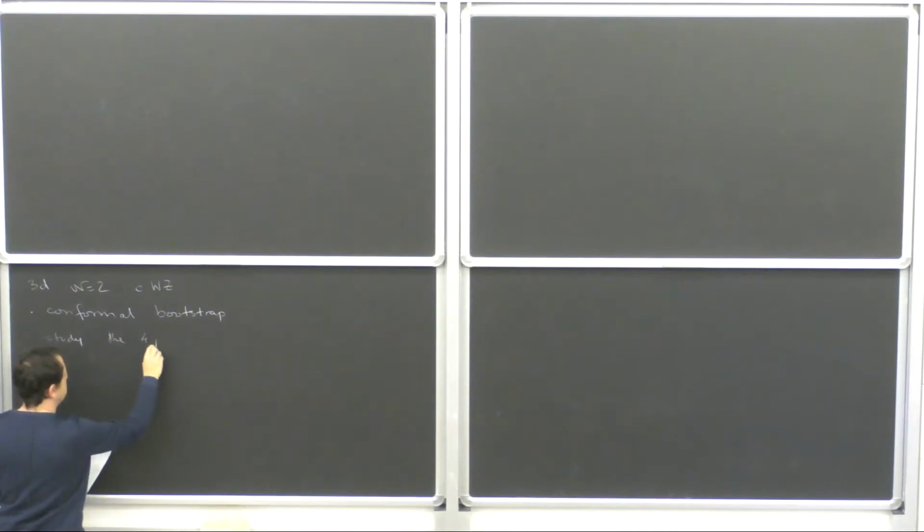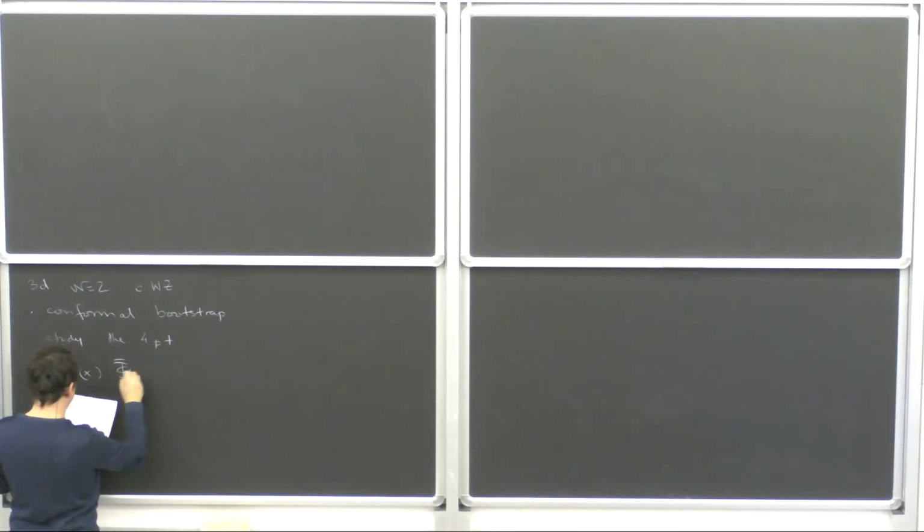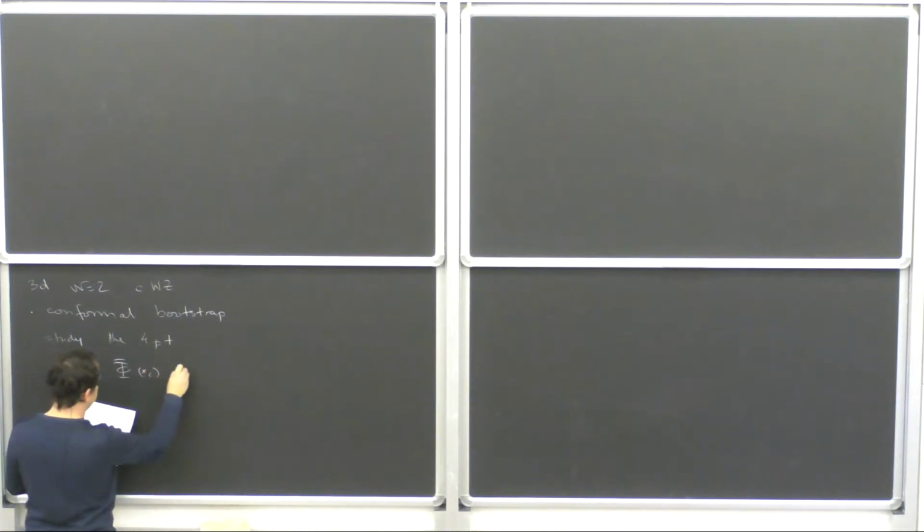So the simplest one that you can imagine: I have one field in the classical theory, phi. It is a superfield, but I will explain what I mean. So you study the 4-point function.